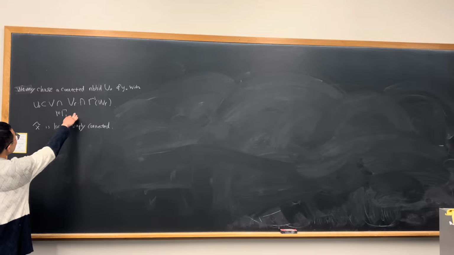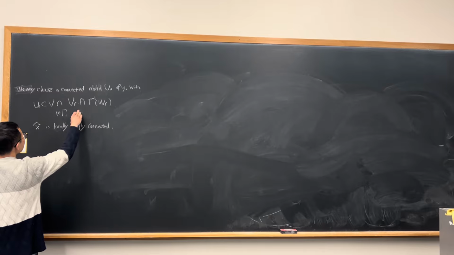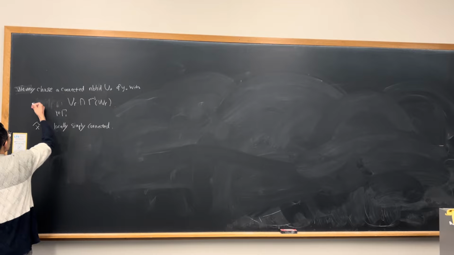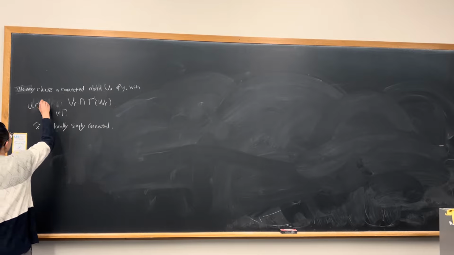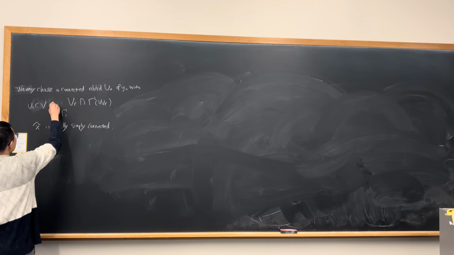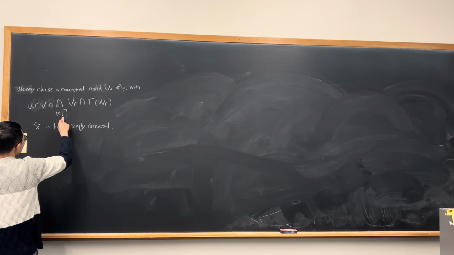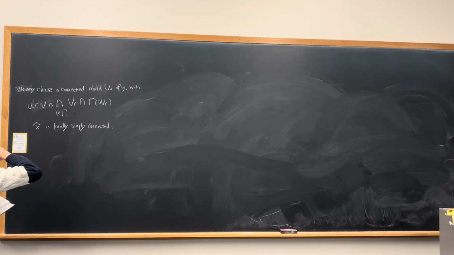Oh wait, I think this should be V. So this U0 is contained in this V intersection of gamma in this gamma 1 of V gamma intersect that one. Oh, this is true.